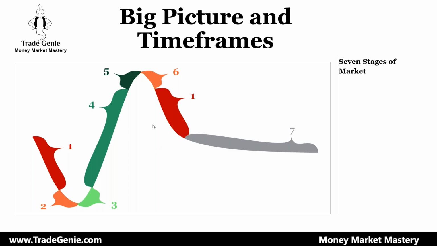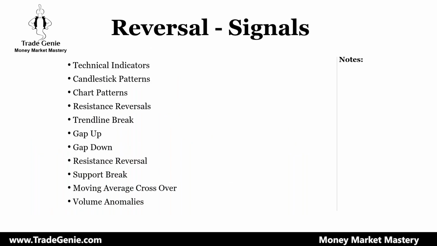So it could be all kinds of signals: gap down, support break, moving average crossover. It could be the 20-day crossing below 50, 50 crossing below 200, or 50 crossing above 200. Various kinds of moving average crossover.